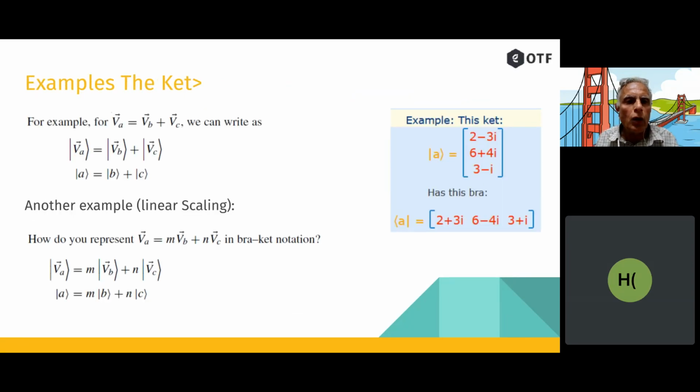So now let me go on to an example of Ket notation. So Ket and Bra, or bracket, that is the term used. So Ket is usually a column vector.